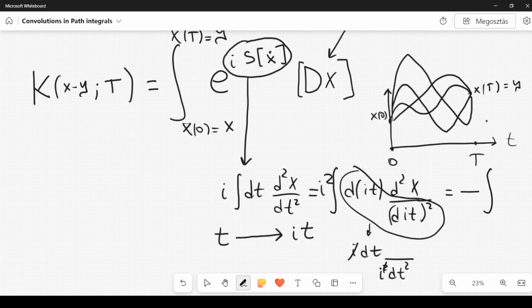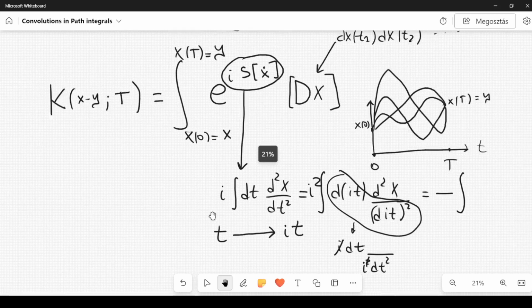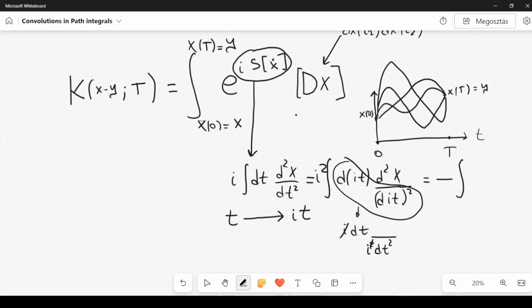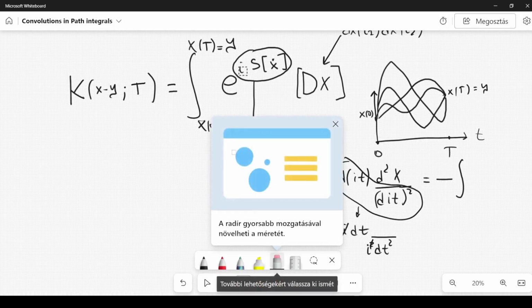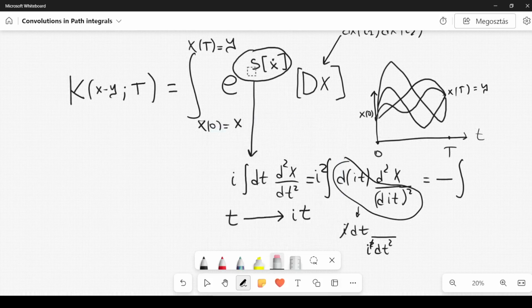So basically what this means is that, instead of writing this integral here with the imaginary unit i, I can put a minus, and then instead of considering real time, I'm considering imaginary time, purely imaginary.